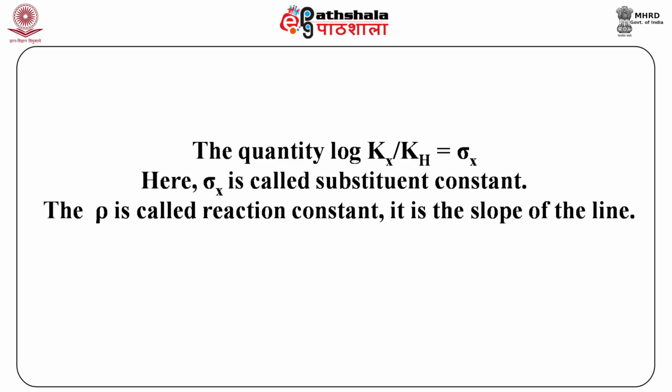The quantity log Kx by Kh is equal to sigma x. Here sigma x is called the substituent constant and rho is the reaction constant, the slope of the straight line, whose general equation is y equals mx plus c. So m is equal to rho over here.